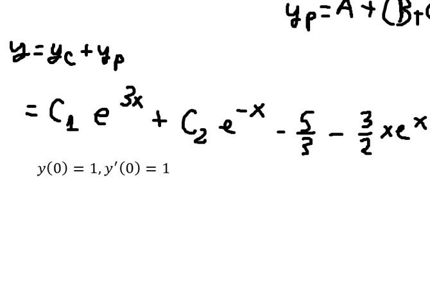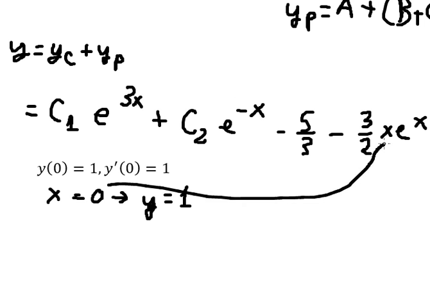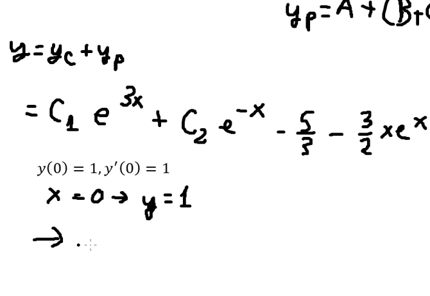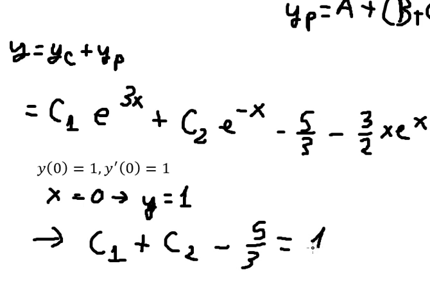That means when s equals 0, y equals 1. So we put 0 here, here, and here. So we have c1 plus c2 minus 5/3 equals 1.